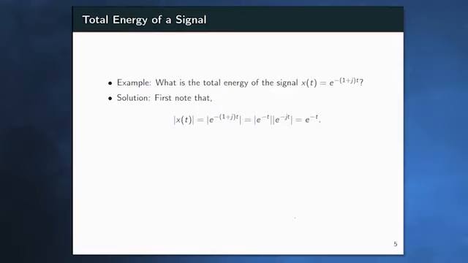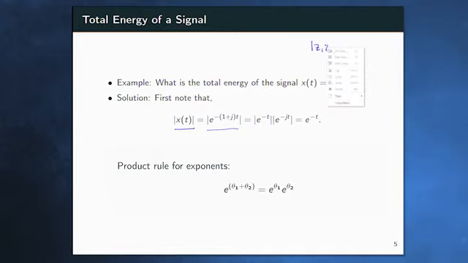To begin with, we look at the absolute value of x of t for all t. So the absolute value of x of t equals e to the negative (1 plus j)t, and I can distribute, which is equal to e to the negative t minus jt, and we use the product rule for exponentials, so it's equal to the absolute value of e to the negative t times the absolute value of e to the negative jt, where we use the identity that the absolute value of z1 z2 equals the absolute value of z1 times the absolute value of z2, which is quite a useful identity.